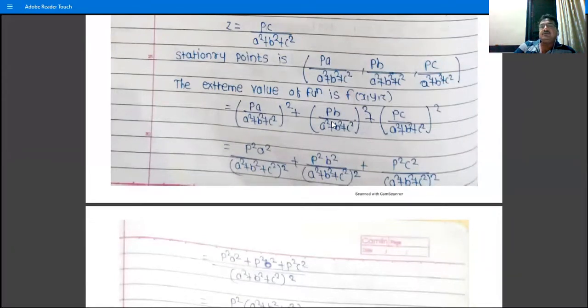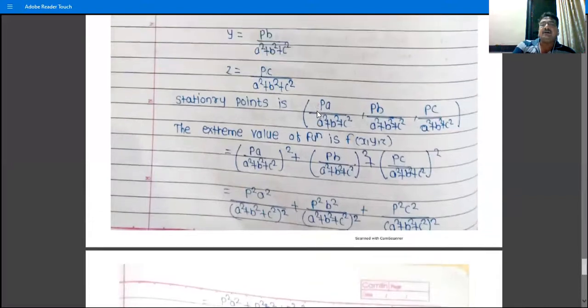If A is greater than 0, then the function is minimum at that point. But there is no such condition to check whether a function of three variables is maximum or minimum at the stationary point. So we just find the stationary points and write the extreme value of the function at the stationary point, that is f(x, y, z).